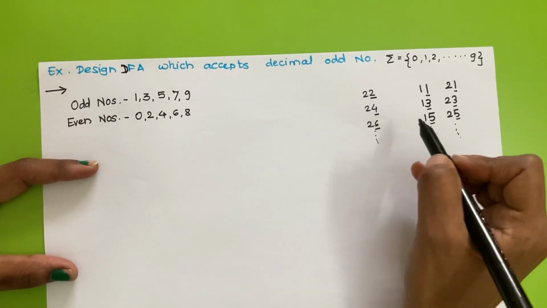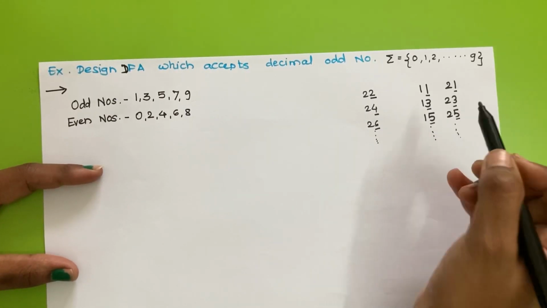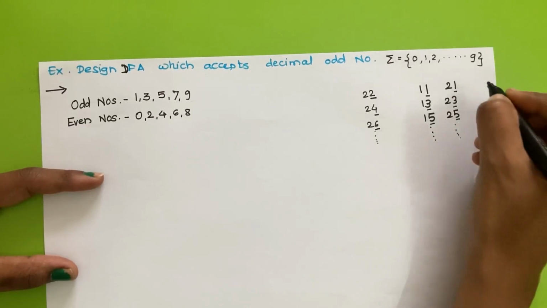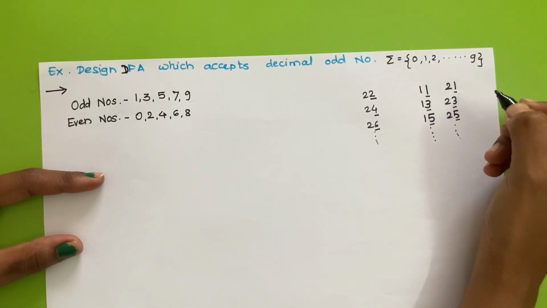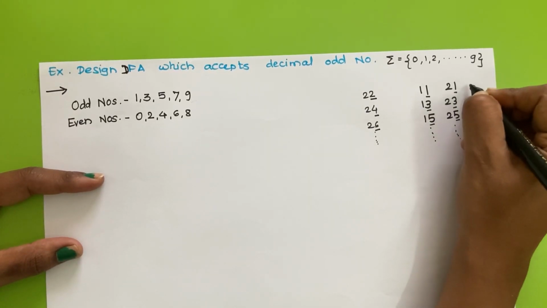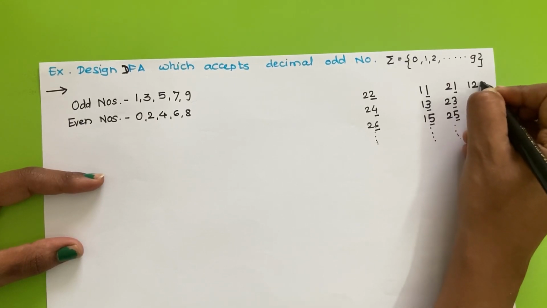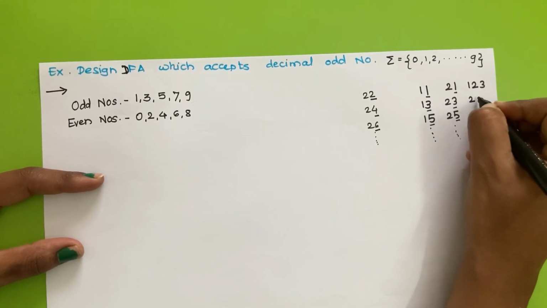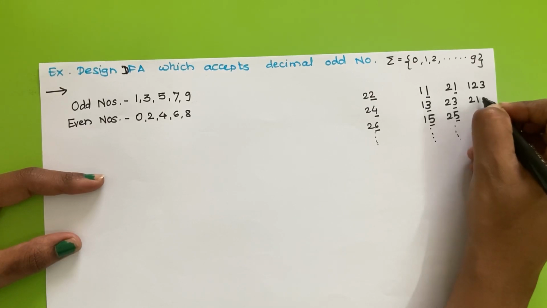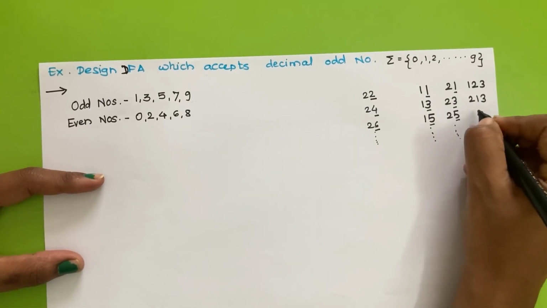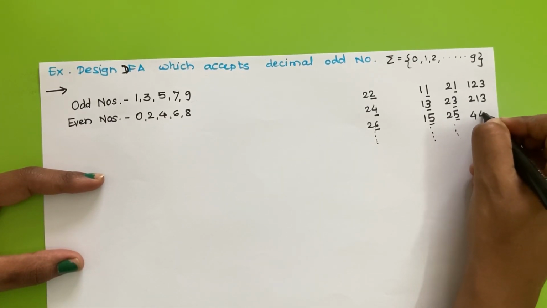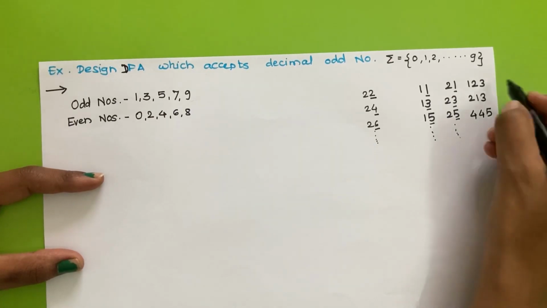We will observe one more thing. If we consider the numbers of 3 digits, then what will happen? 123, 213, then 445.